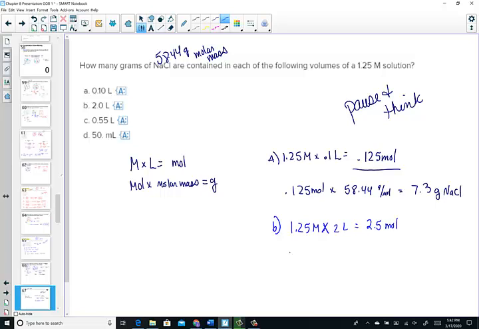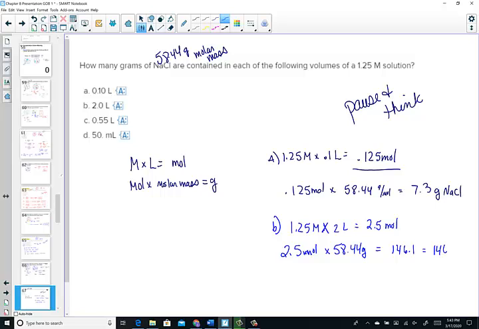Then we take the number of moles and multiply it by the molar mass, and we find our grams. It's 2.5 moles. 2.5 times 58.44, and I have 146.1.